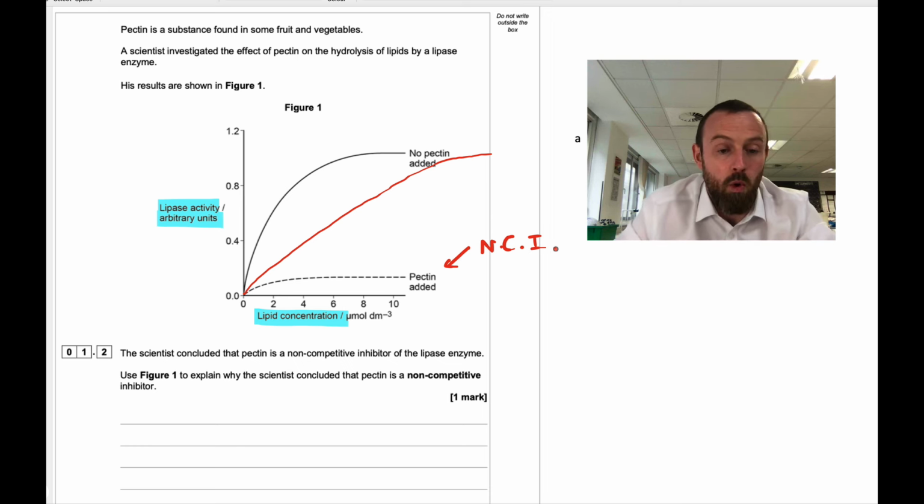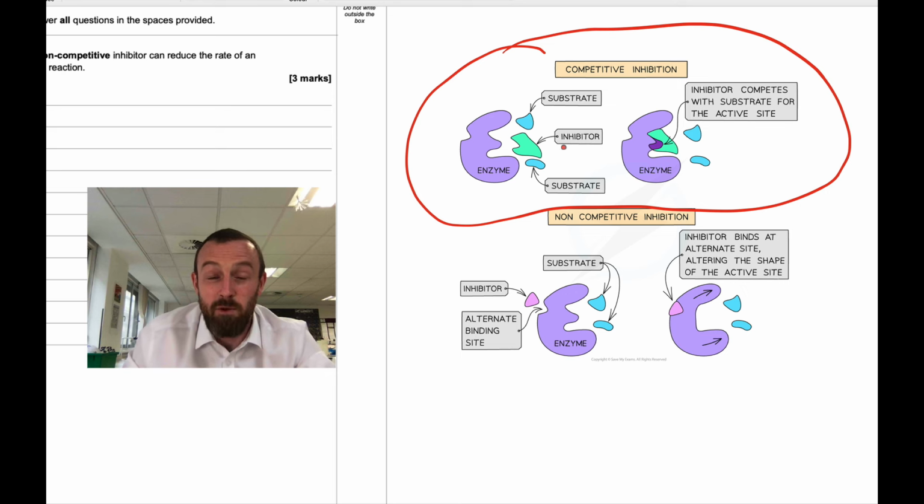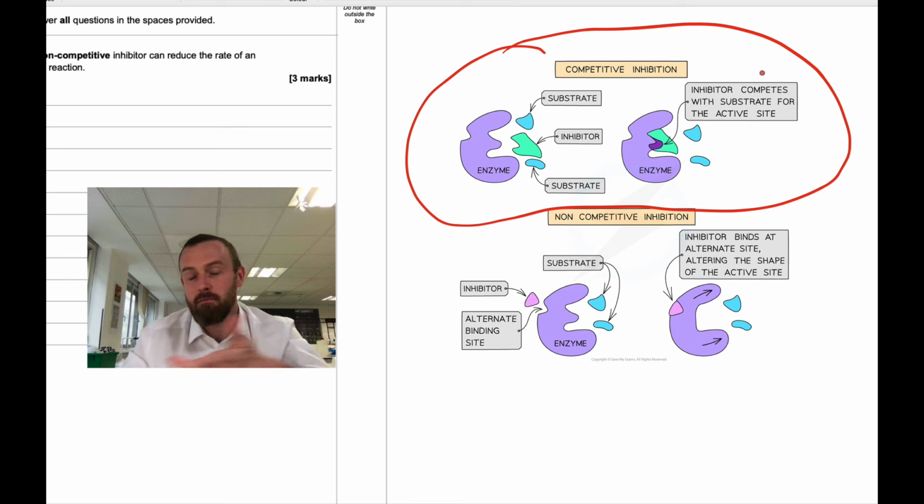What that's talking about, this overcoming the inhibition, if we go back to this little picture up here, with a competitive inhibitor, which isn't what we're looking at in this question, if you add more and more substrate molecules, more of these blue molecules, if you add enough of them, there'll be so many that they are more likely to enter the active site than any inhibitor. So if you have 99% substrate and only 1% inhibitor, most of the time substrates will enter.